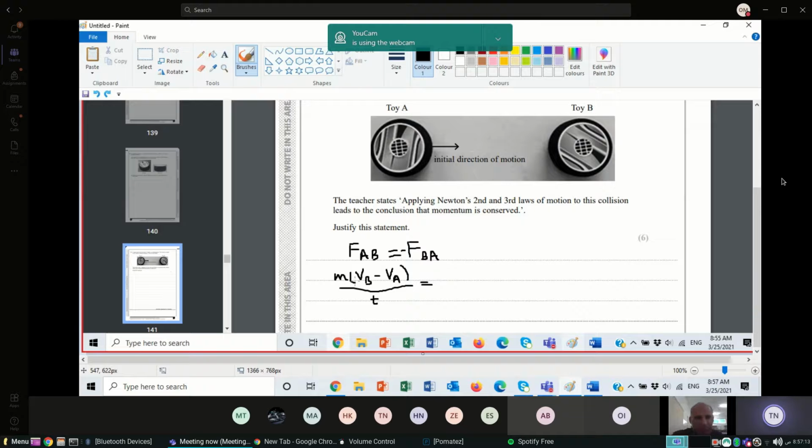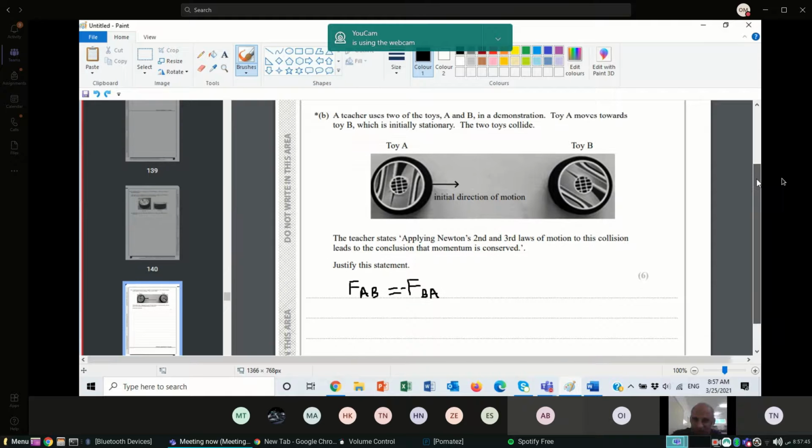Because isn't the momentum of B 0 initially? Shall we use the momentum formula? Because they are using second law and third law only. Otherwise, we can use the momentum formula. Mostly students will go for this only. They would say that momentum of this is 0 and momentum of this is mv. Then after collision, do these two stick together or not?